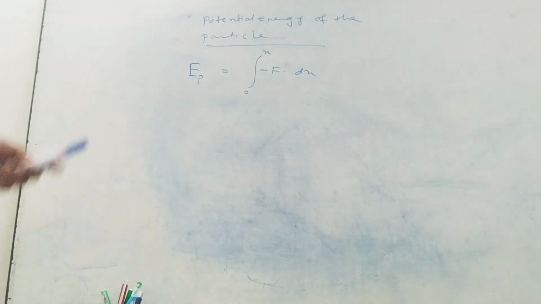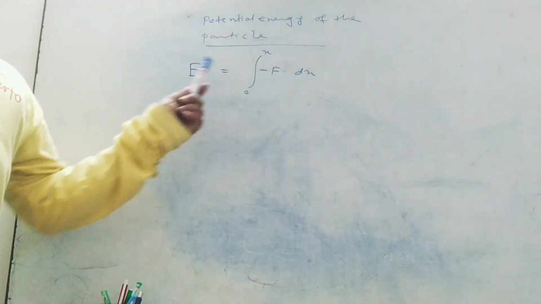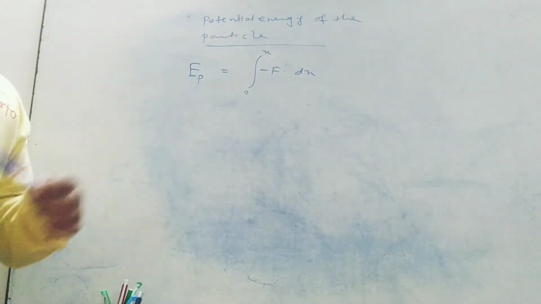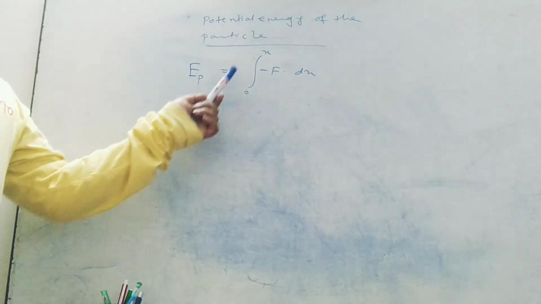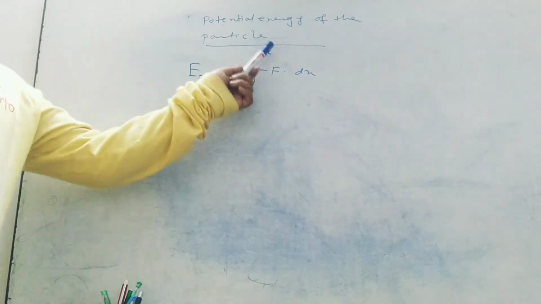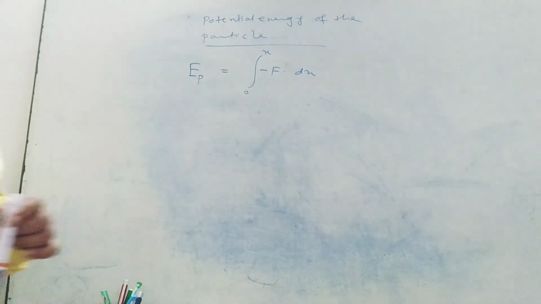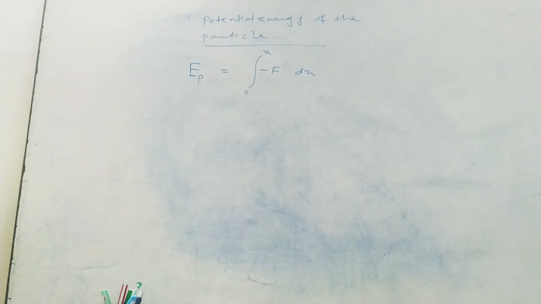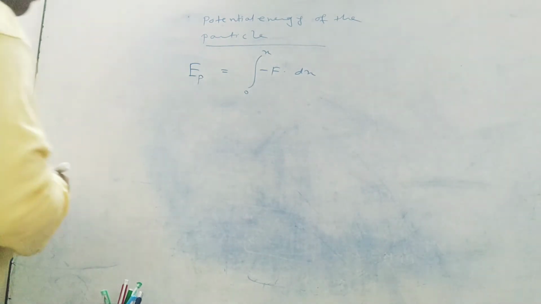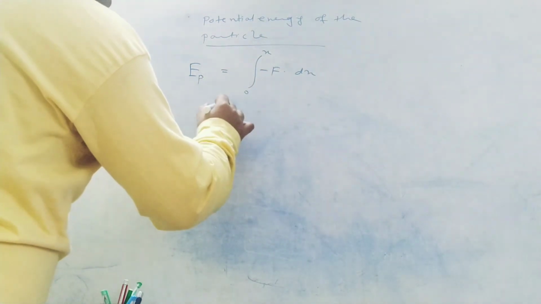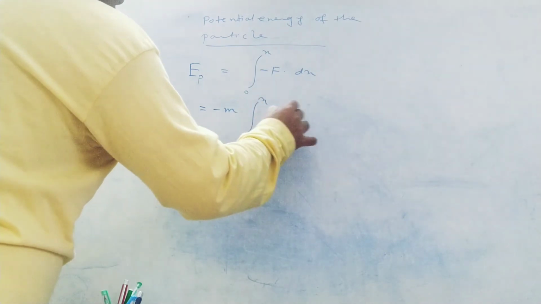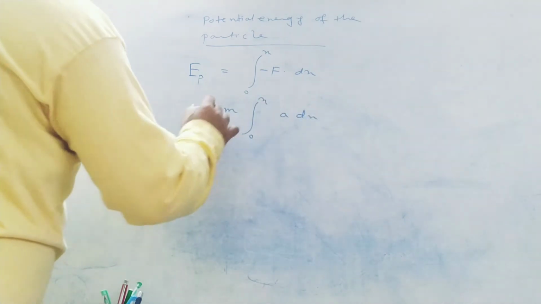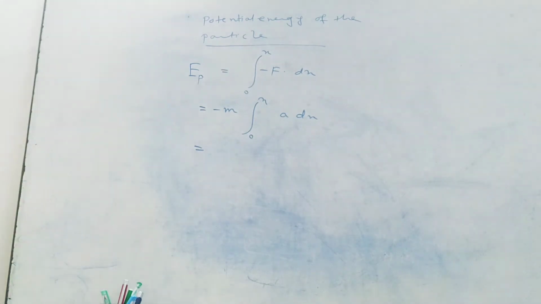Now we are going to find out the potential energy of the particle executes S.H.M. That is Ep, potential energy, is equal to integration of minus f dx from 0 to x. Here minus I introduced such that the direction of force is opposite to the direction of displacement of the particle. This is equal to minus integration of m a dx, while m is the mass of the particle.